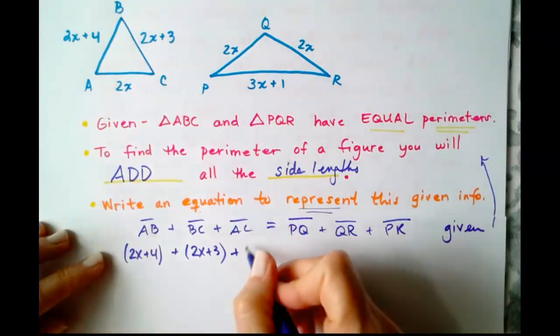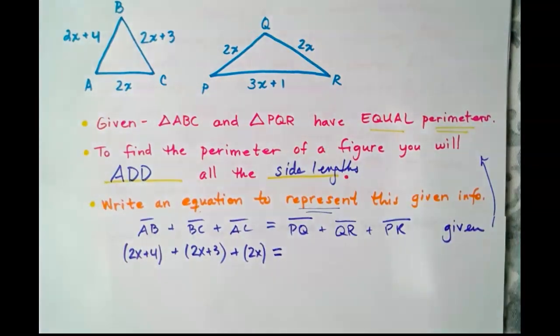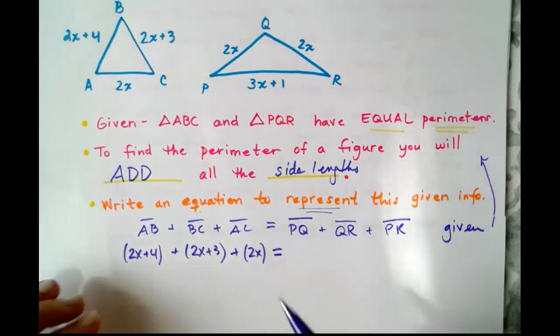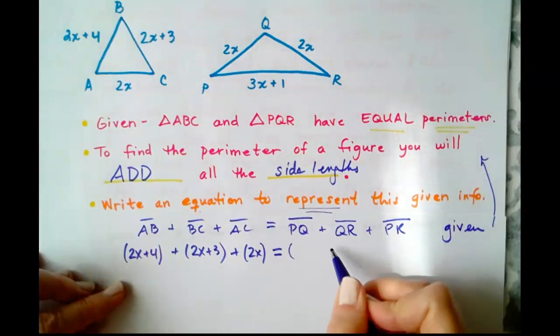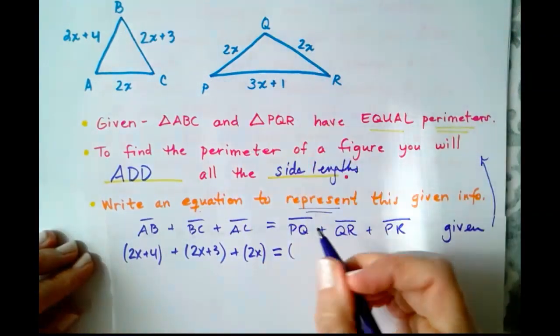Side AC is 2x. And I am putting them in parentheses. Even though we're not multiplying anything, I do like them to be set off so we can see this is AB, this is BC, this is AC. I'm also trying to line up my equal signs here. Let's keep going by using substitution. PQ is 2x.